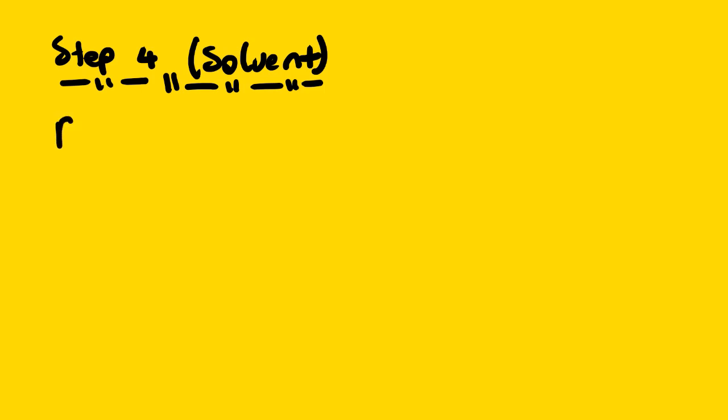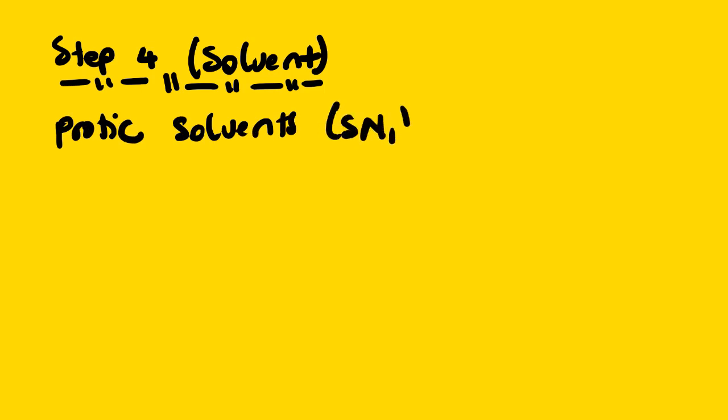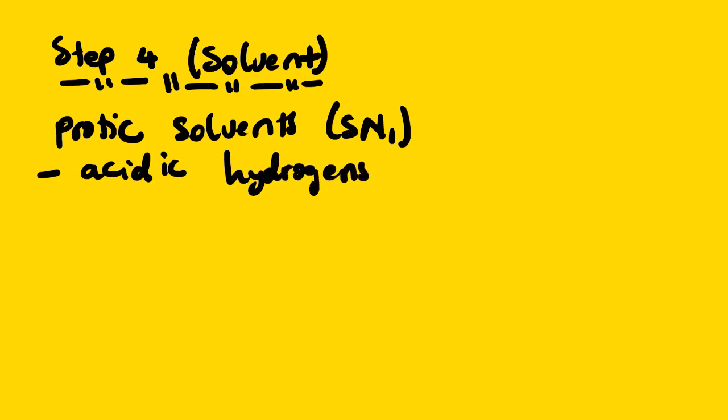So you should know that polar protic solvents, we can say protic solvents, are good for SN1. For protic solvents, we are talking about those solvents which have acidic hydrogens, one of the properties.